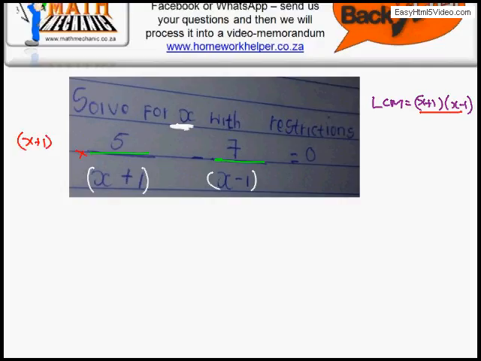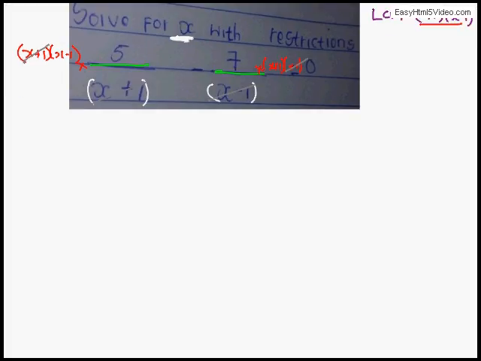We are going to multiply there with x plus 1, x minus 1, and obviously 0 times by anything remains 0. And then you will notice that that bracket and that bracket cancel, and that bracket and that bracket will cancel, which means what remains then for the next line is the 5 multiplied with that bracket only, x minus 1, and then minus 7 multiplied with that bracket, x plus 1 is equal to 0.